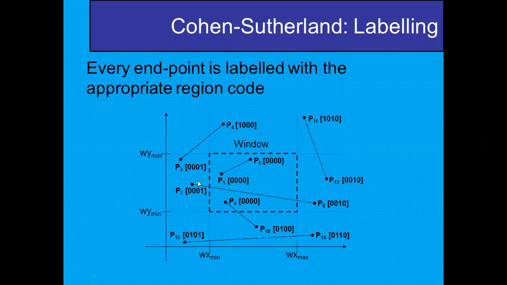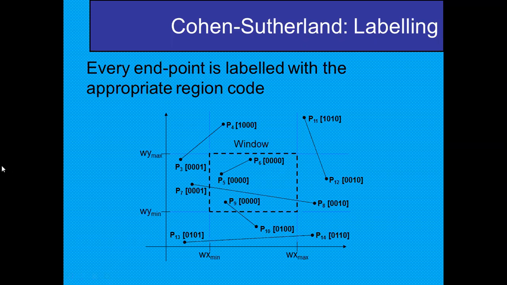Similarly, P6: you are not aware of the coordinates or endpoints of P6, but as per Cohen-Sutherland algorithm, you can put 0 0 0 0, the 4-bit code, because this end also lies completely inside the window. Similarly, this is lying completely inside, P9, again change by 0 0 0 0. Any point which is lying completely inside, replace it by the 4-bit region code 0000.